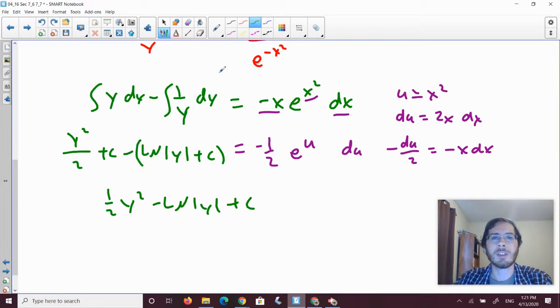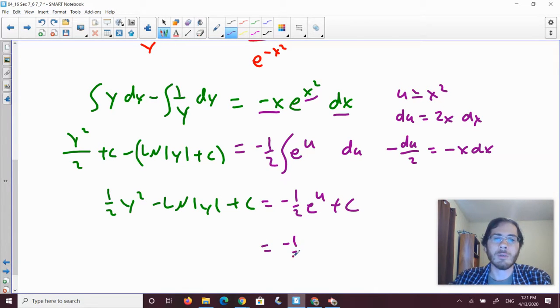On this side, we have to integrate now. So the integral of e to the u, integral sign right there, that looks like the best place for it. Integral of e to the u is e to the u. So that's great. Plus c. So now I got to replace back for u.